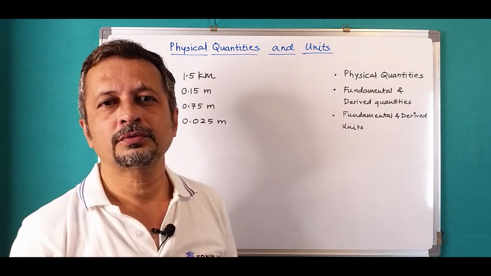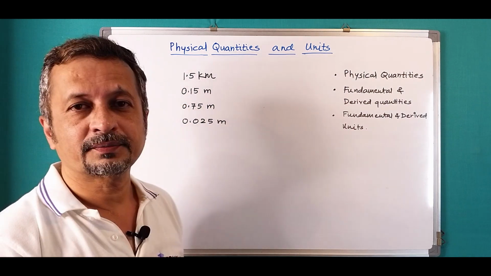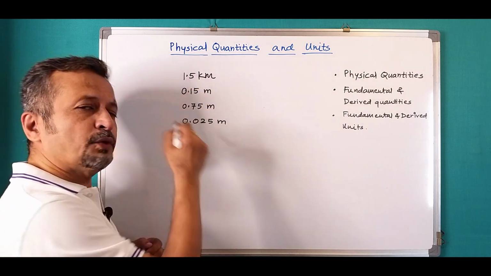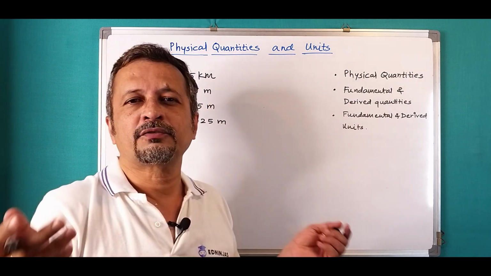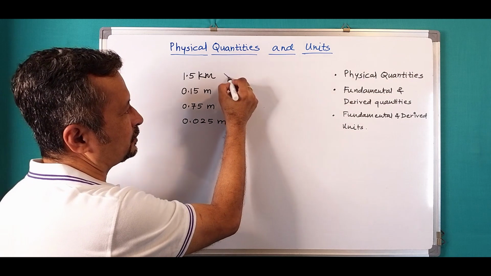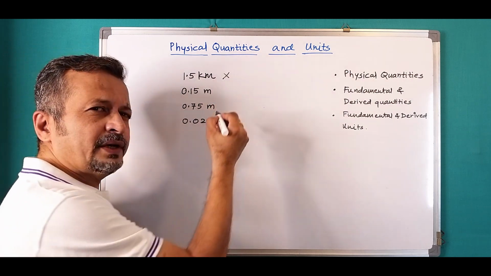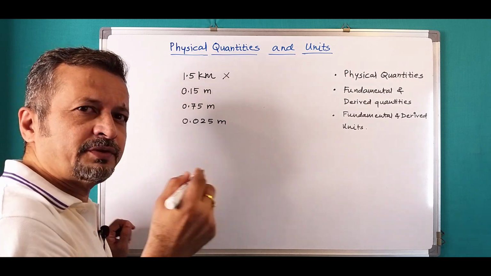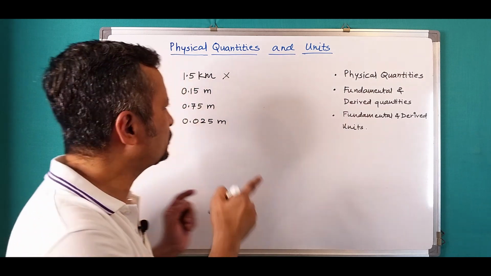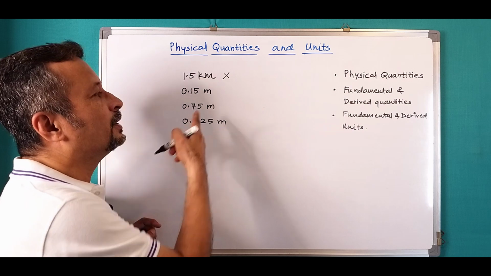Now how would you choose the right one? A pen having length 1.5 kilometer, that's not the option. 0.15 meter is how much? 15 centimeters. So this seems to be correct.